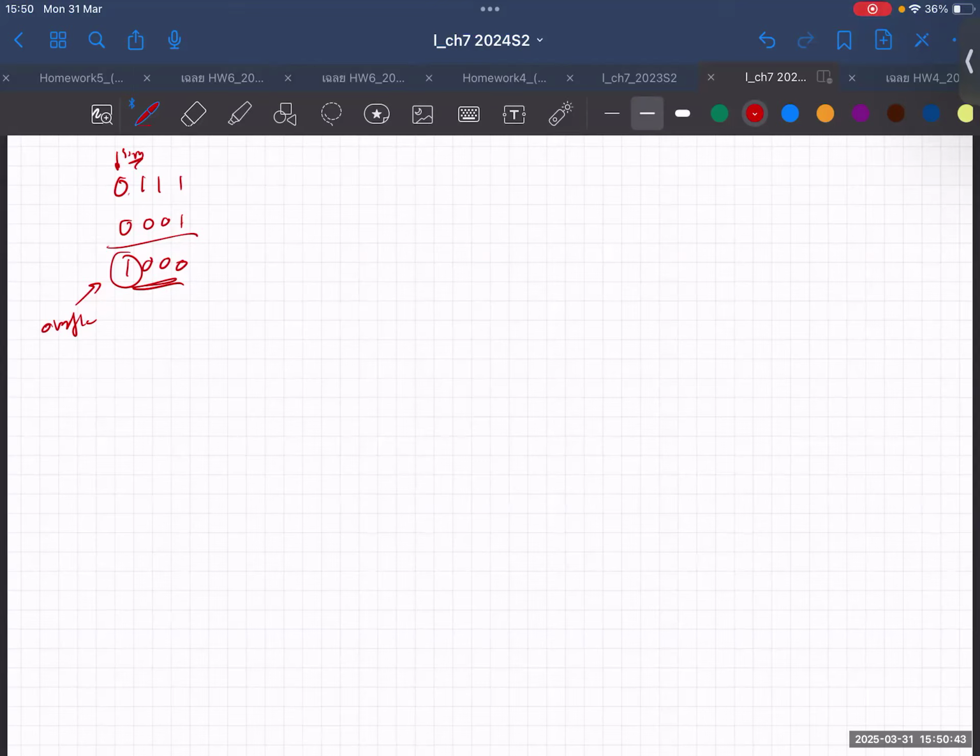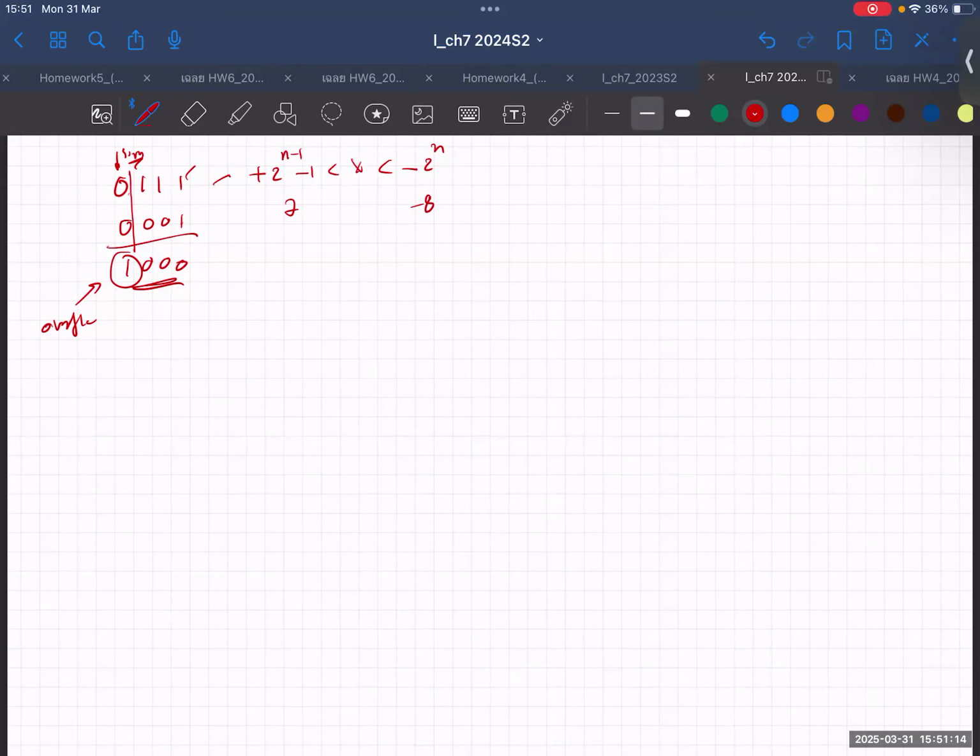Remember that? For example, if it's 4-bit, the first bit is a sign bit, then the range will be from plus 2 to the n minus 1, between this and minus 2 to the n. So the maximum is 7 and the minimum is minus 8.